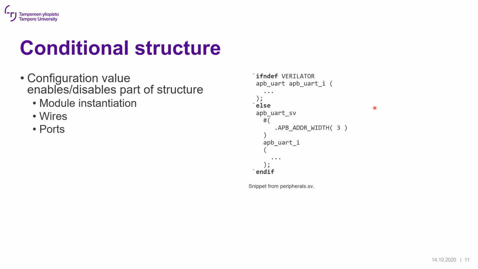in capturing the details is conditional structure. So configuration values are used to enable or disable part of the structure, for example, module instantiations, wires, ports. An example is given here. We are changing, depending on the value of this define, the module instantiation that we want to have in the structure.